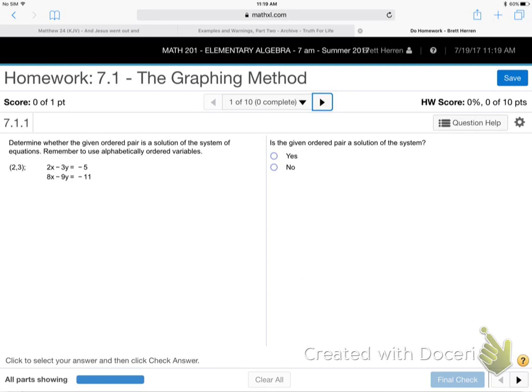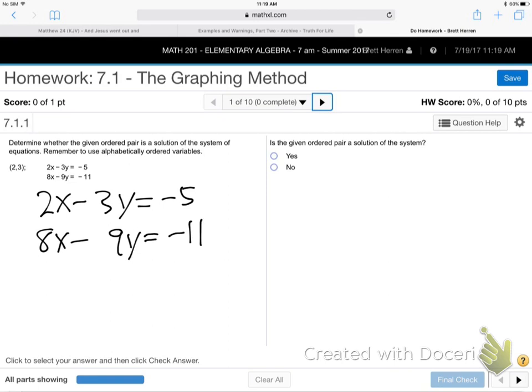So basically they're giving me two equations: 2x minus 3y is minus 5, and 8x minus 9y is minus 11. They give me those two equations, and they want me to find out if the ordered pair (2, 3) is a solution.